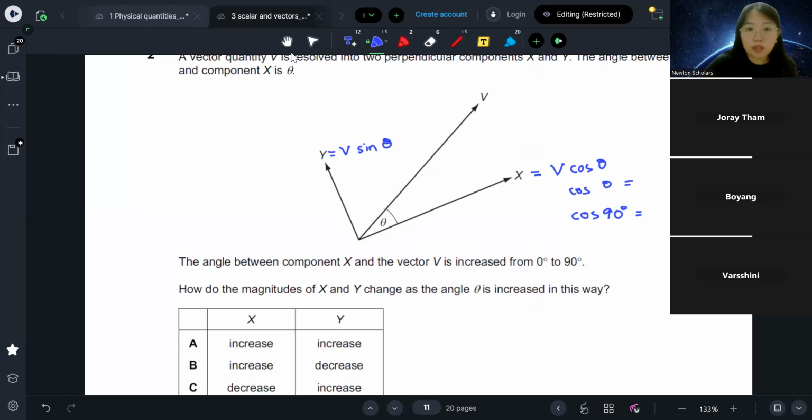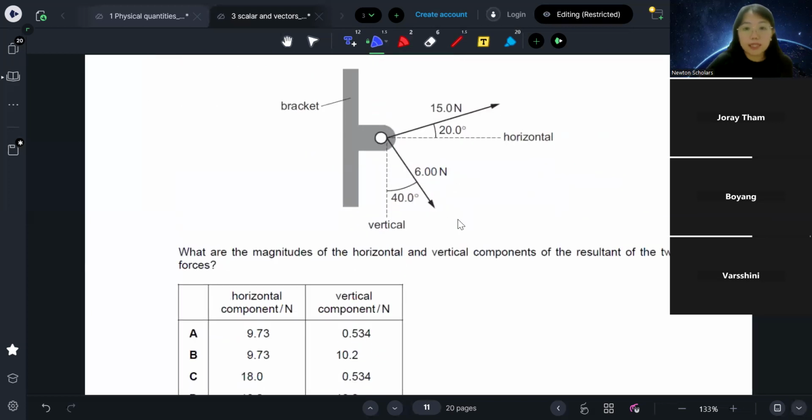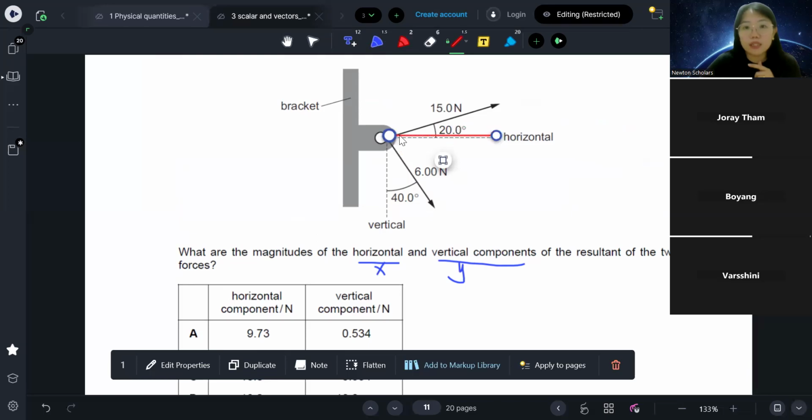So we go down. This one, they want you to find horizontal and vertical. Horizontal means X, vertical means Y. So you look at here, the 15 Newton will split into horizontal and vertical. I draw using a red colored line.